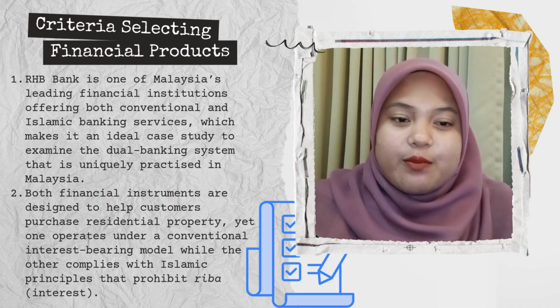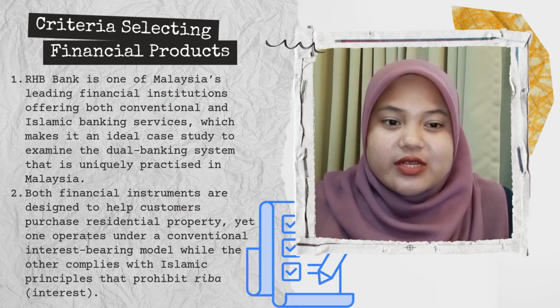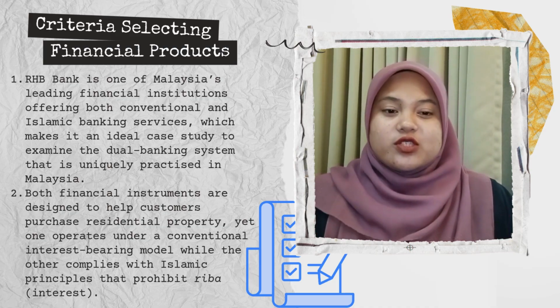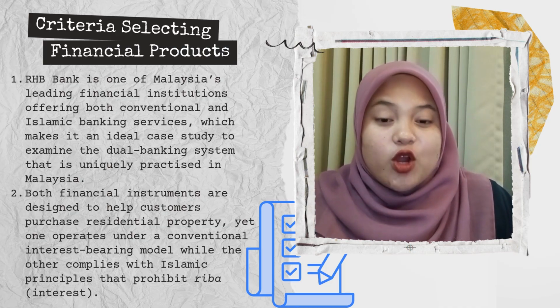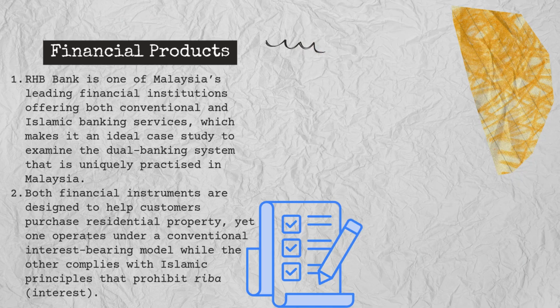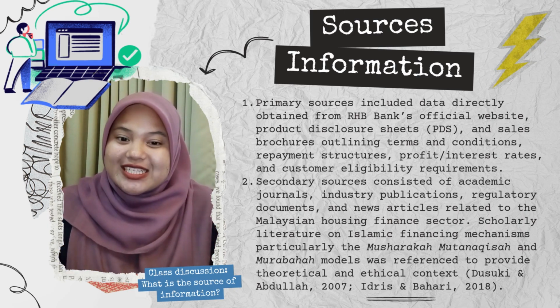Number two, both financial instruments are designed to help customers purchase residential property, yet one operates under a conventional interest-bearing model while the other complies with Islamic principles that prohibit riba.